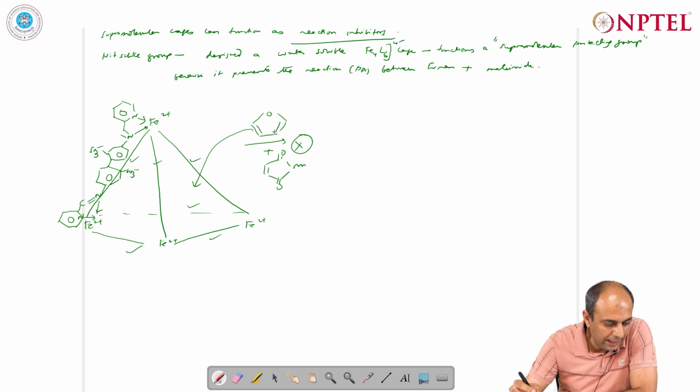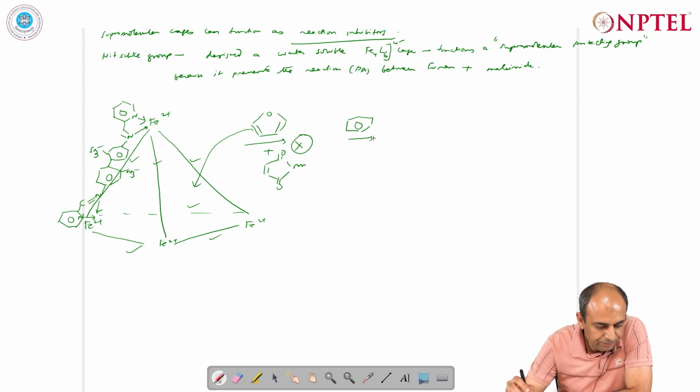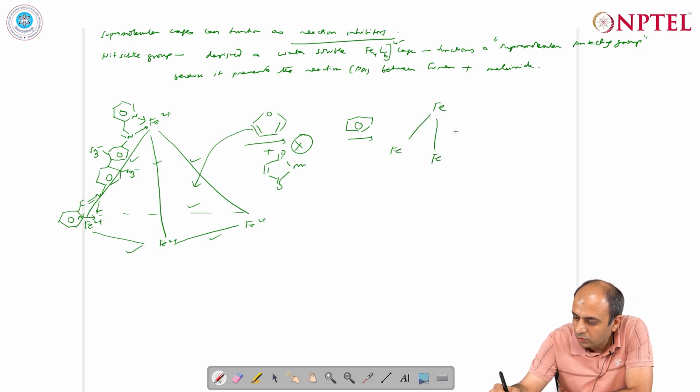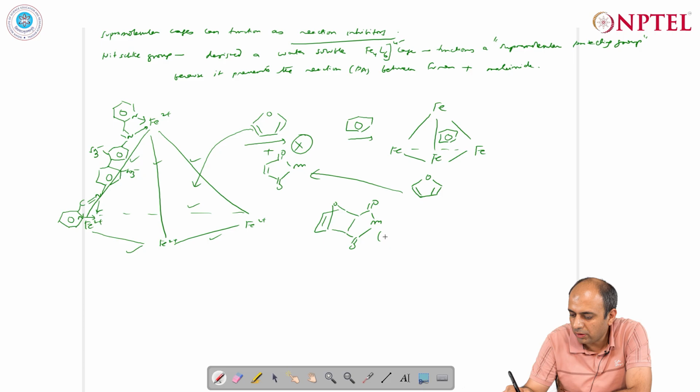But now when you add benzene, it displaces the furan. So now we have benzene which goes into this cage and furan is displaced, and this can now react with your dienophile to give you the classical Diels Alder product, right. So this is the product.